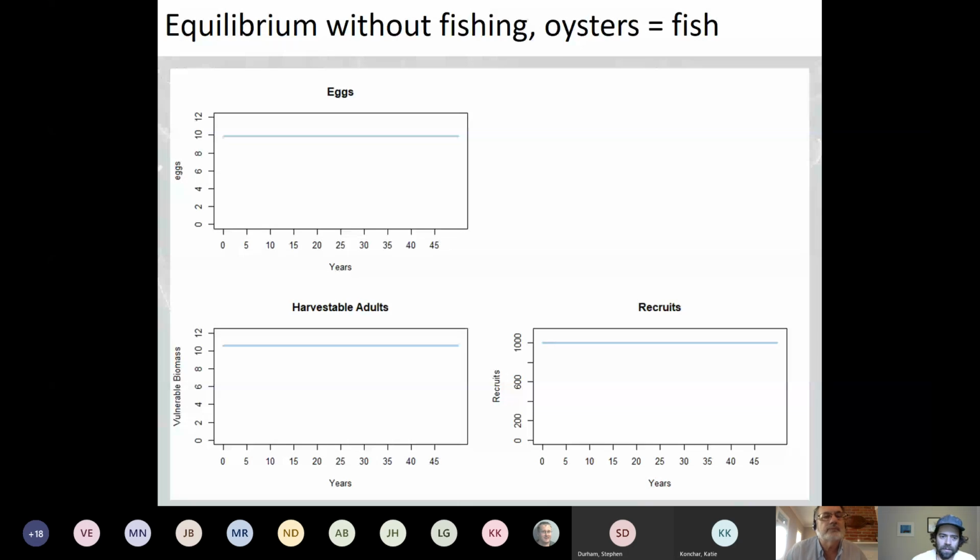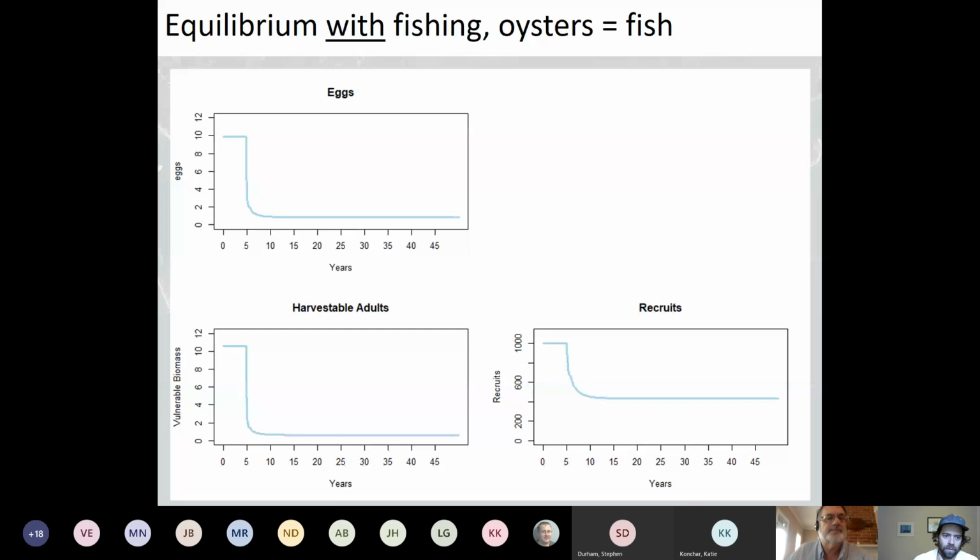And then we say, hey, we're going to clobber the fishery. And what will happen? Well, we're going to greatly reduce the harvestable adults because we harvested them, which will decrease the amount of eggs. It decreases the amount of recruits some, but because of density-dependent mortality, you see a less than proportional decrease in recruits relative to that of harvestable adults. This is all as we would expect, basic fisheries population dynamics.